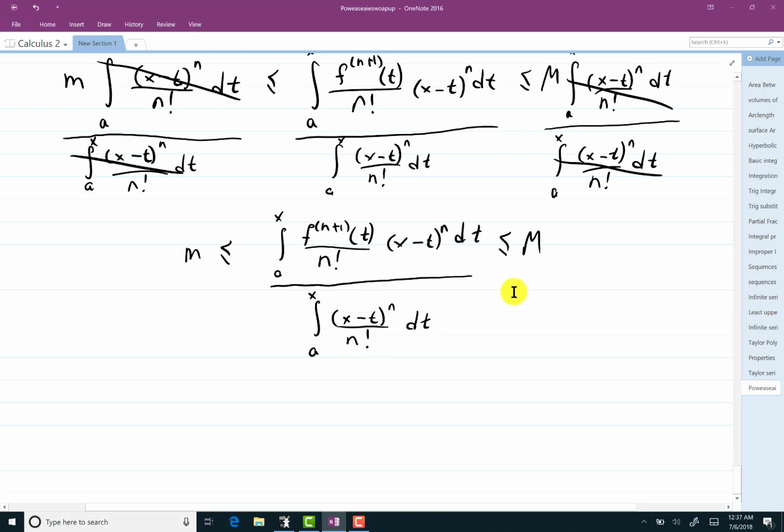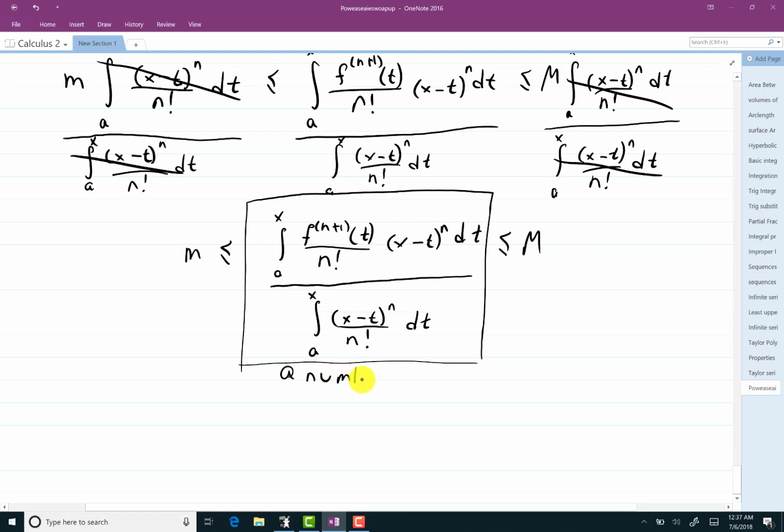Now, assuming x is given to us, this whole thing is a number. This is a number between little m and big M.